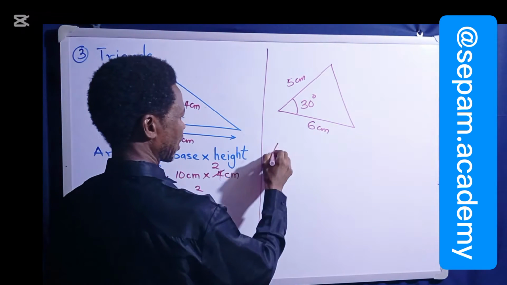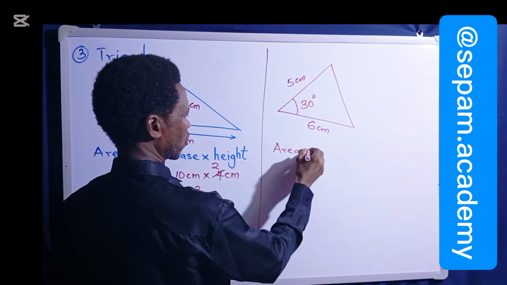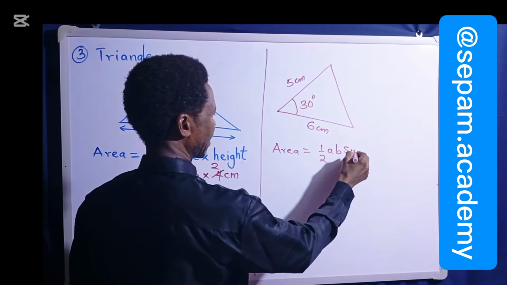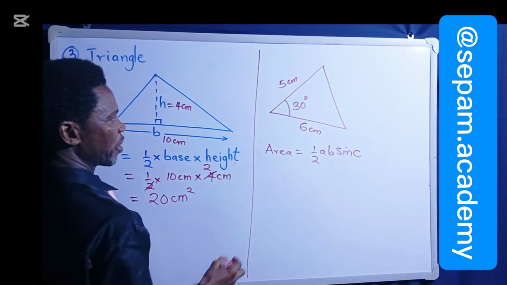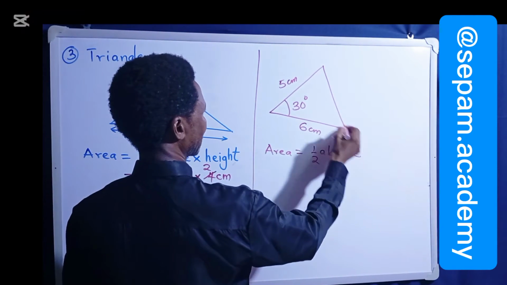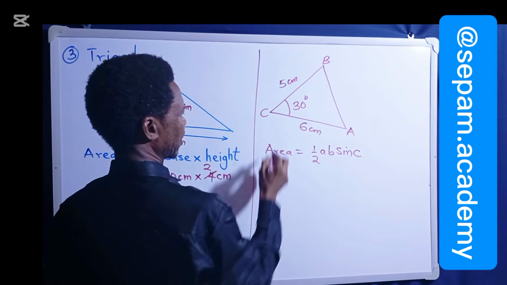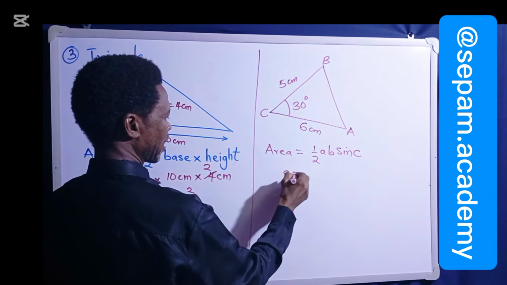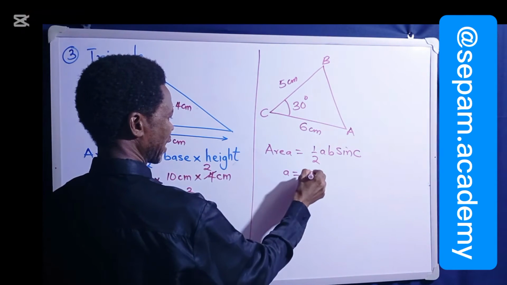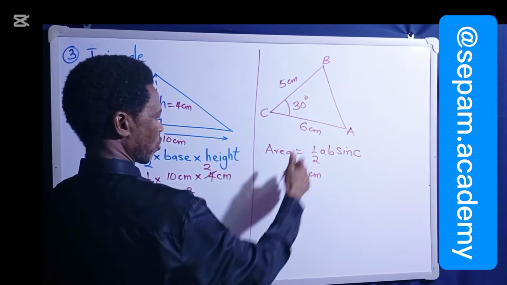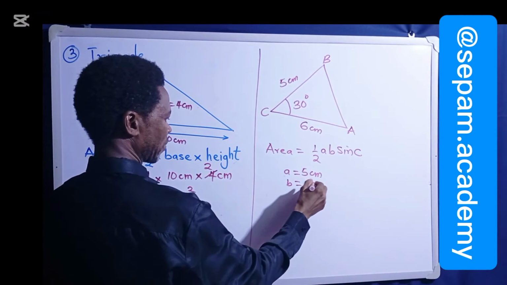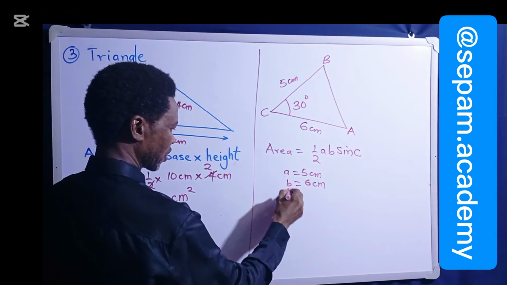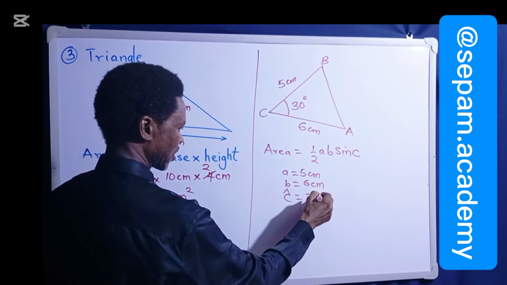The area is equal to half AB sine C. So we have here, this is A, this is B, this is C. So A is equal to 5 cm, B is equal to 6 cm, and then angle C, which is this point here, is 30 degrees.